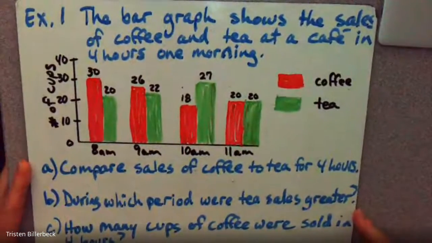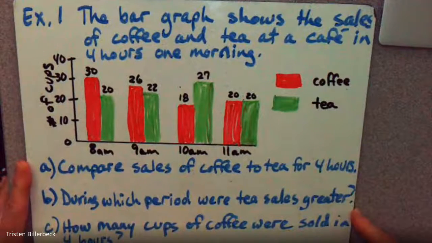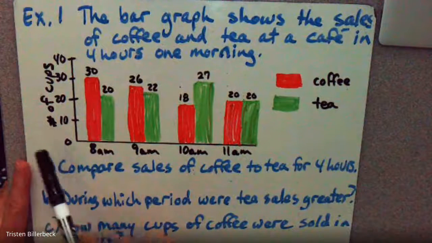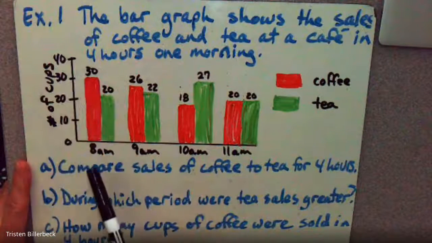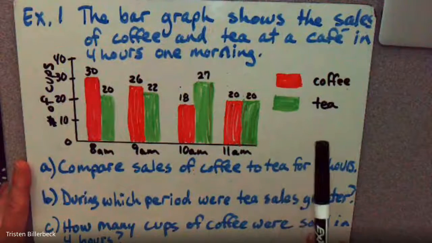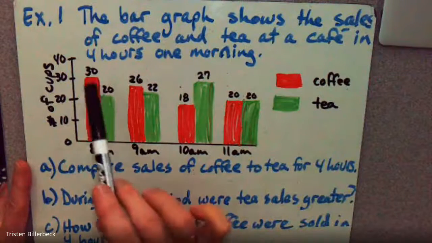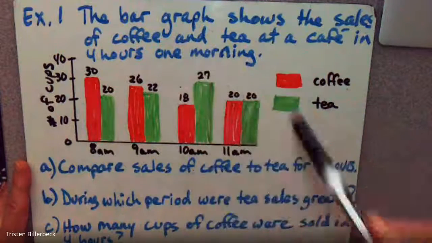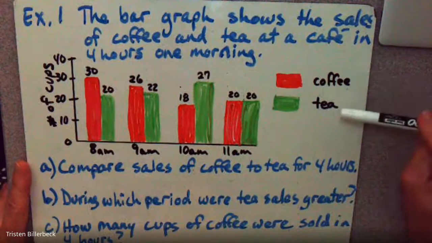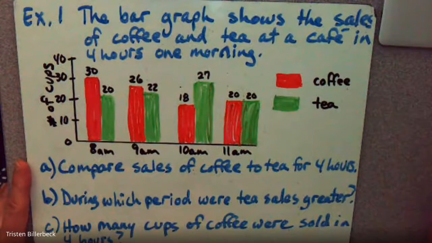All right, so let's look at the first example. In this one, we have the sales of coffee and tea at a cafe in 4 hours during the morning. So we have a number of cups, up to 40 cups here at 8 a.m., 9 a.m., 10 a.m., and 11 a.m. Fortunately, somebody has already counted the cups, and we have a key over here: coffee is red and tea is green.